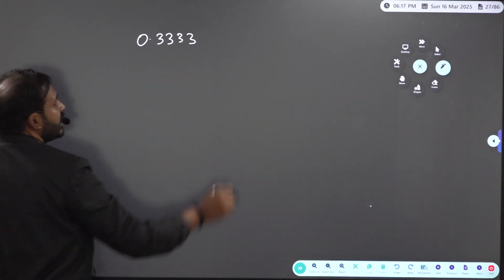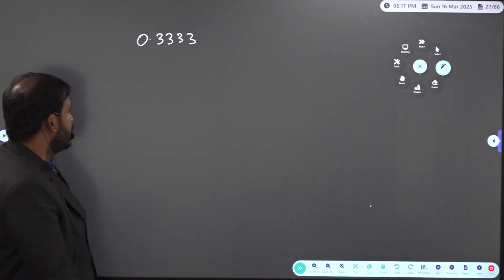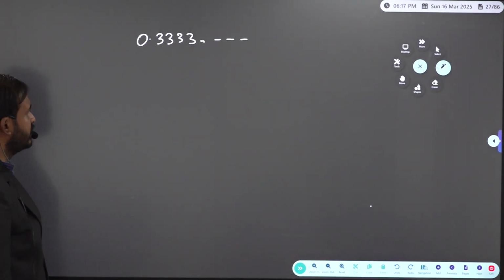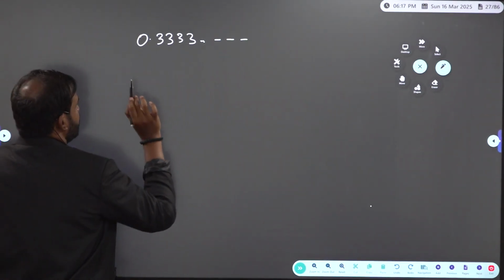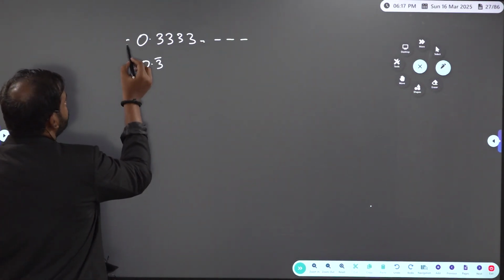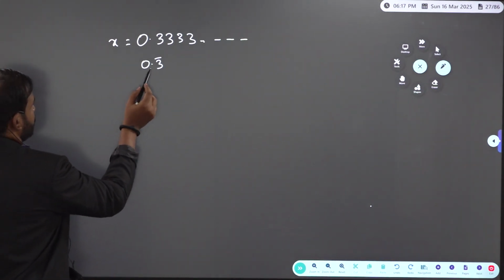0.3333 a rational number or not? This is the first doubt most students have: whether 0.3333 is a rational number or not. Now please observe here, ma, what we can write is 0.3 bar, right? I will assume this value as some x for the time being.